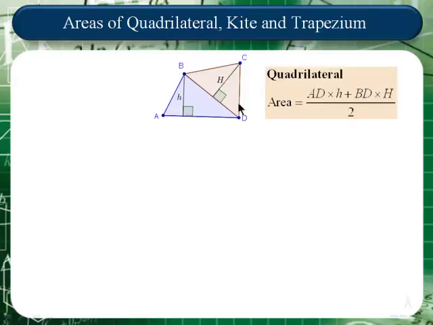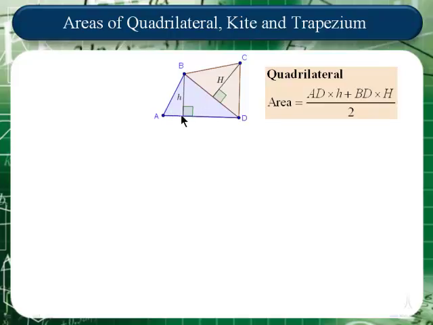We now consider the area formulas for the quadrilateral, the kite, and the trapezium. If we have a quadrilateral, then of course we can subdivide it into two triangles, each with their own base and height as indicated. So the area of the quadrilateral is simply the sum of the areas of the two triangles.